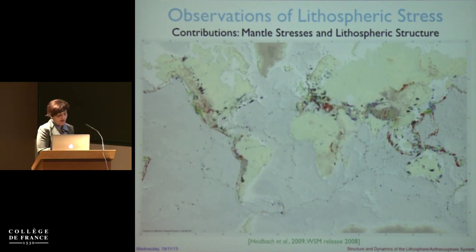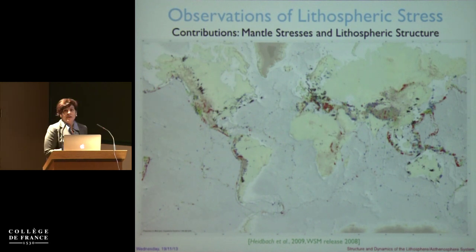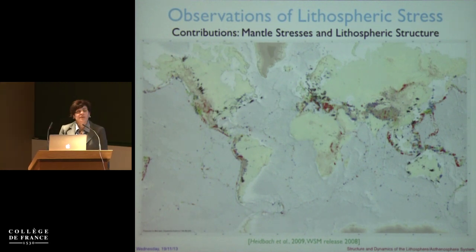We see that there is a great deal of variation at short wavelengths, no doubt about it, and there is undoubtedly a control by topography, for example, which we will look at. But we also see large regional patterns that perhaps we could relate to what's underneath.